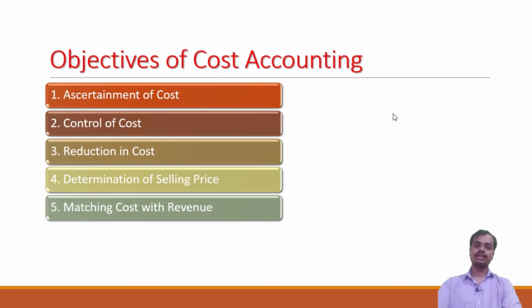Next objective of cost accounting is matching cost with revenue. The profit of any activity can be ascertained by matching cost with revenue of that activity. The purpose of this step is to determine profit or loss of any activity on an objective basis.